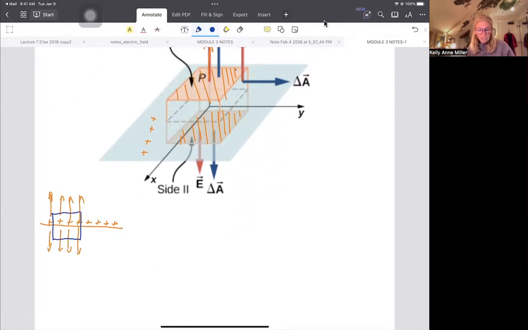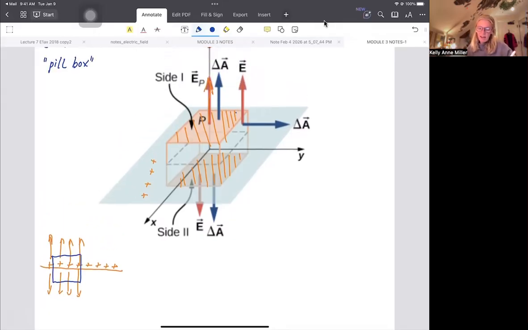You can see that only the top surface and the bottom surface actually contribute to the surface integral. On the sides, the electric field is perpendicular to the area vector, and so none of the four sides contribute to the flux. The flux is zero.